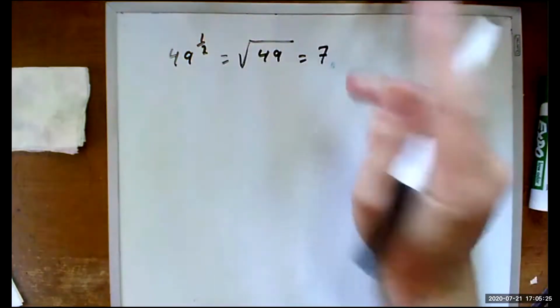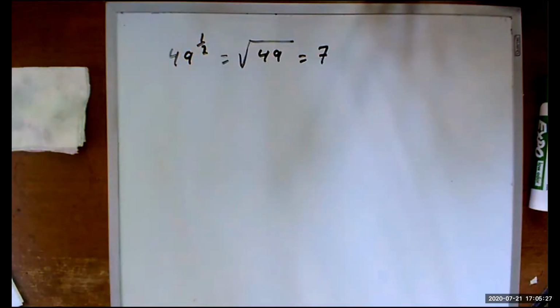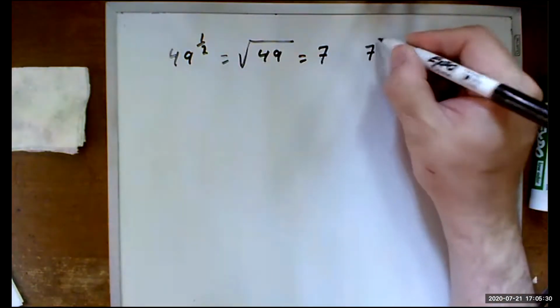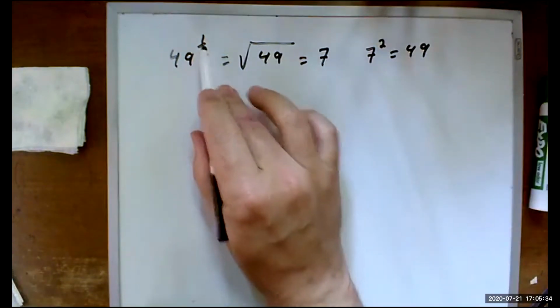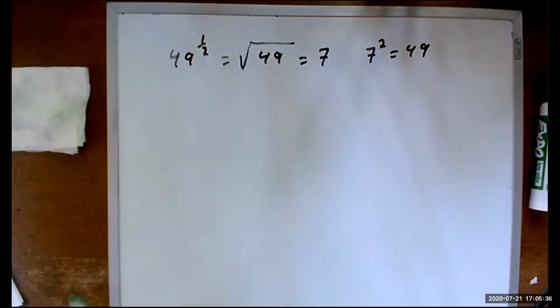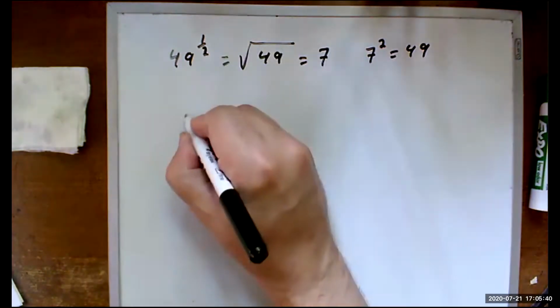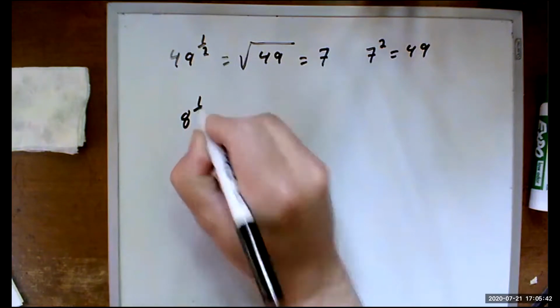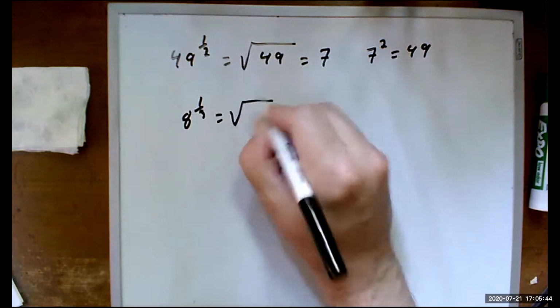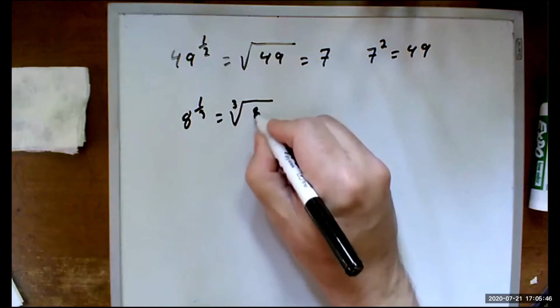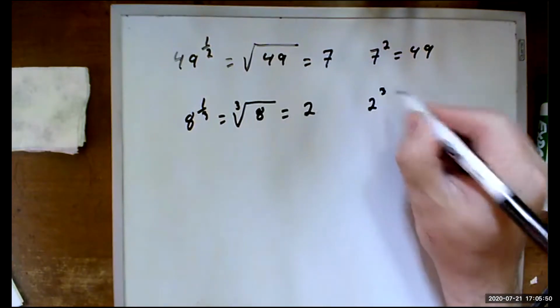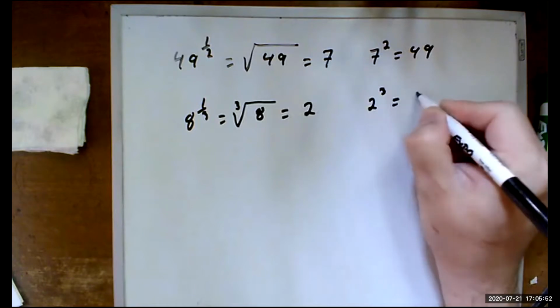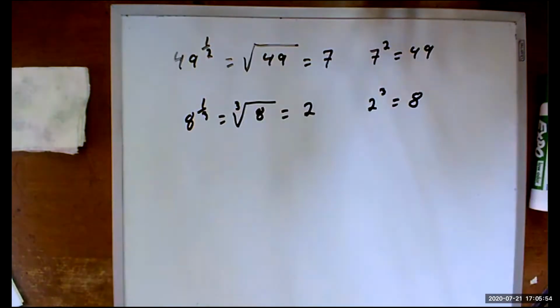And that gets us to 7. The reason for that, of course, is because 7 squared gets us back to 49. So you can see that 2 and 1/2 relationship. If I had 8 to the 1/3, this would say that I'm looking for the cube root of 8, which is 2. And that is true, I know, because 2 to the power of 3 gets me 8 back.